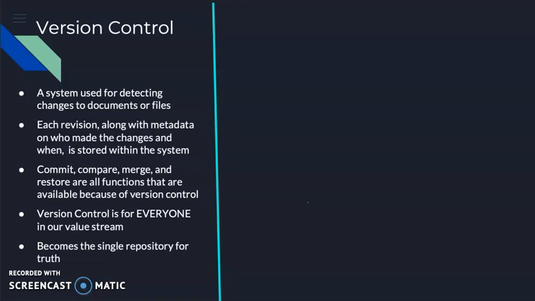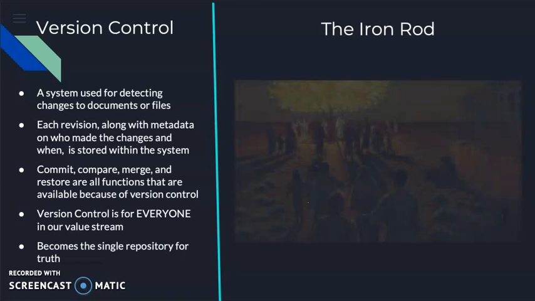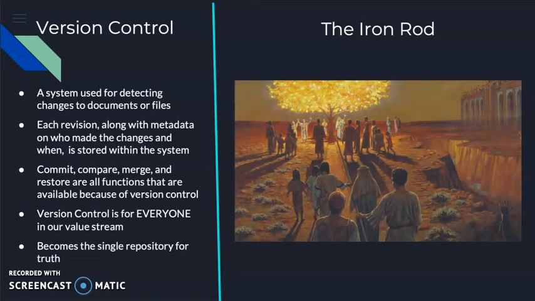Version control is for everyone in our value system, and if everyone uses it correctly, it becomes the single repository for truth in the state of our system. We can easily compare this with the iron rod in Lehi's dream in the Book of Mormon. By holding fast to this iron rod, the people were able to overcome the mists of darkness and the taunts of the unbelievers.